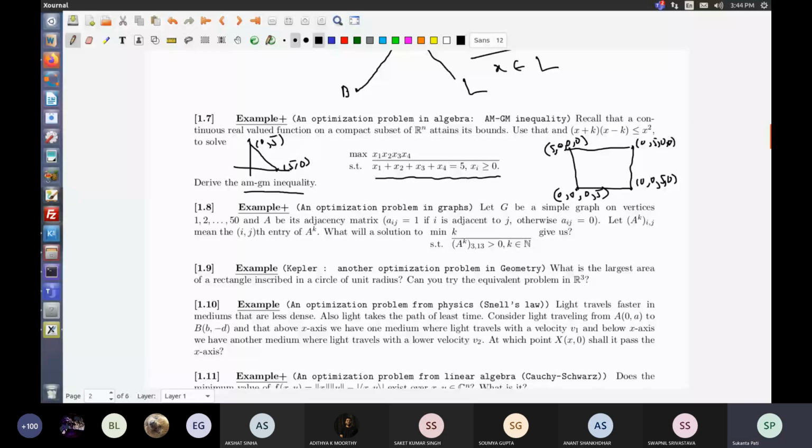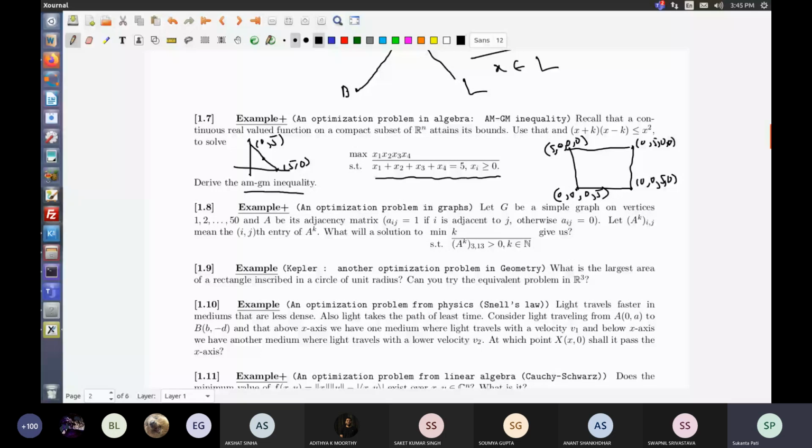Anything on that plate will do, just as anything on this line segment satisfies x1 plus x2 equal to 5. Similarly here you will have that kind of a thing.